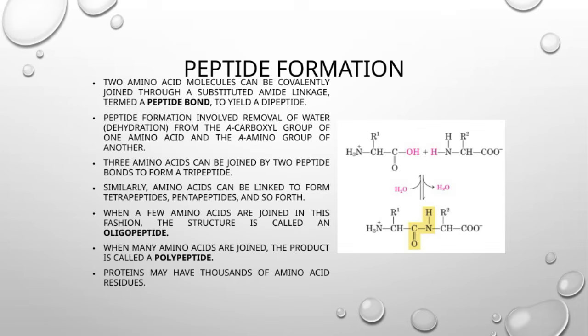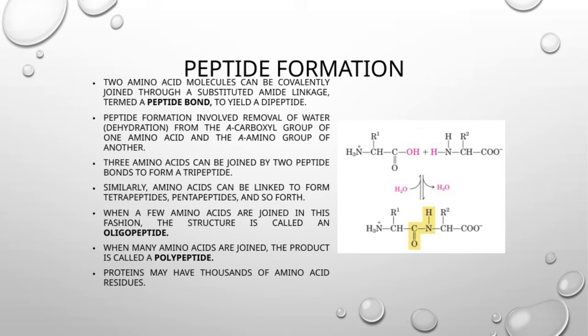As we move forward, we see that 3 amino acids can connect via 2 peptide bonds to form a tripeptide. Similarly, amino acids can be linked sequentially to form longer chains, tetrapeptides, pentapeptides, and beyond. When only a few amino acids are linked, we refer to these as oligopeptides.